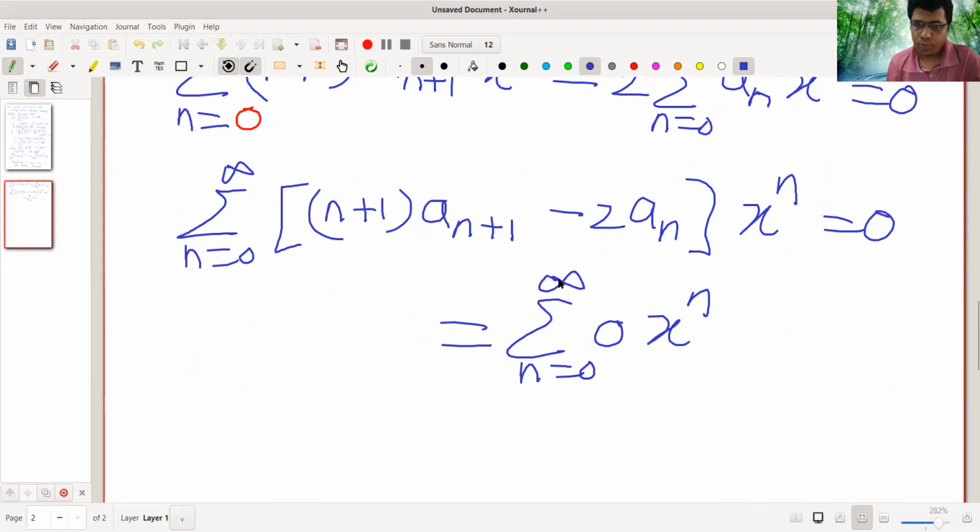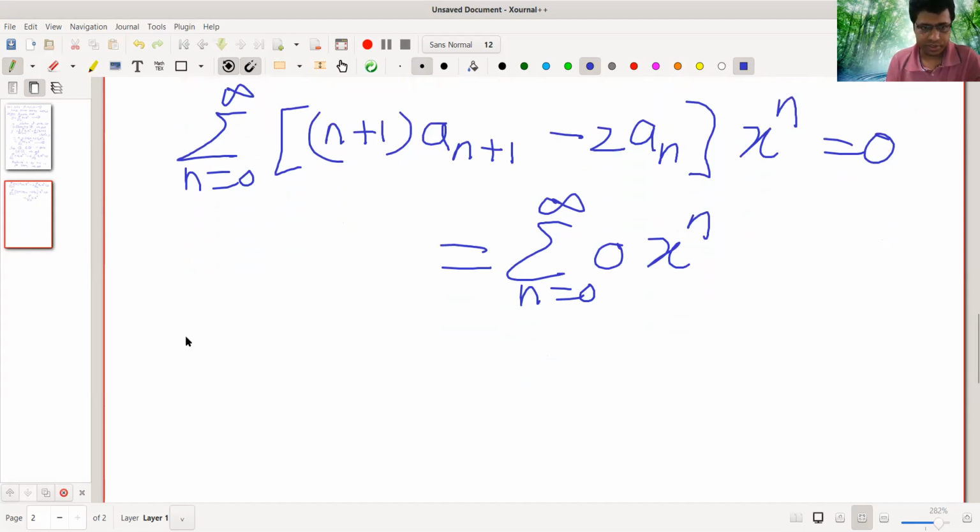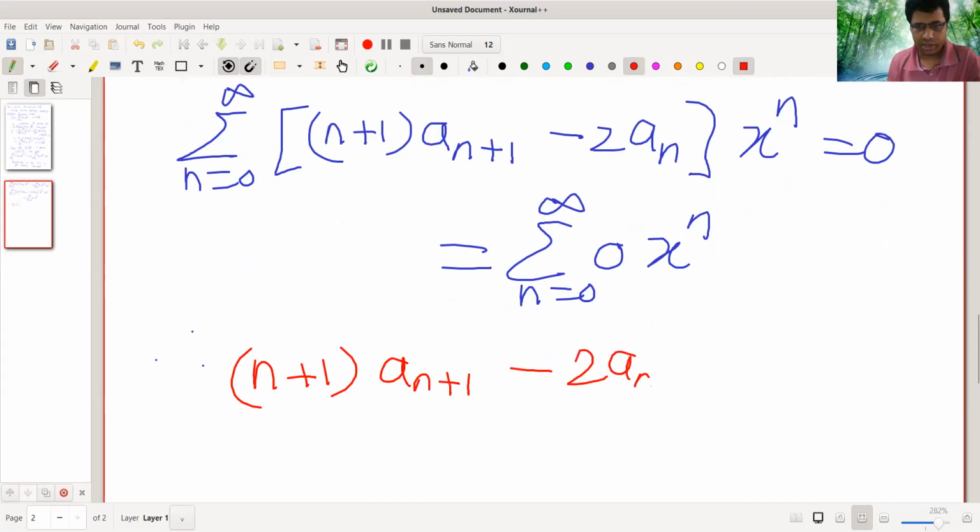Okay, 0 plus 0 x plus 0 into x squared plus 0 into x cube plus and so on. Okay, now we can equate like powers of x on both sides, and we have the relation between the constants as (n plus 1) a n plus 1 minus 2an equal to 0.